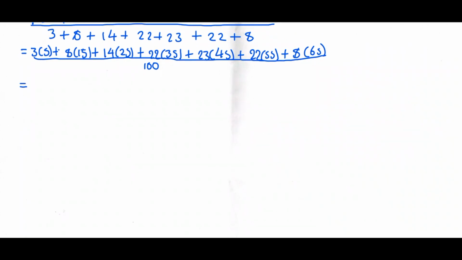We'll just do the mathematics. 3 times 5 is 15, plus 8 times 15, I'm getting 120, plus 14 times 25, 350, plus 22 times 35, 770, plus 23 times 45, 1035, plus 22 times 55, 1210, plus 8 times 65, 520.